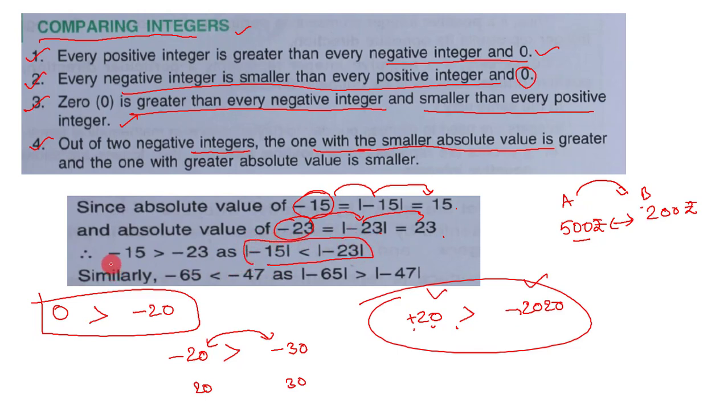So we say that minus 15 is greater than minus 23. Similarly, minus 65 is smaller than minus 47, because mod 65, which is 65, is greater than mod 47, which is 47.